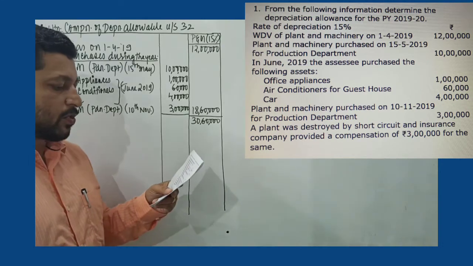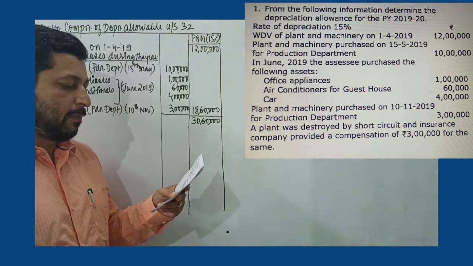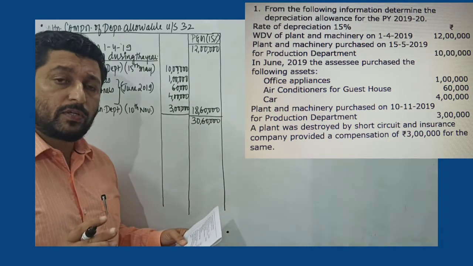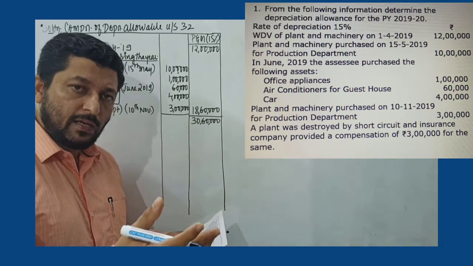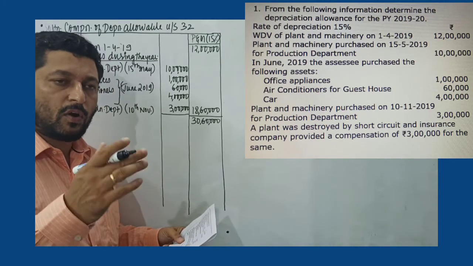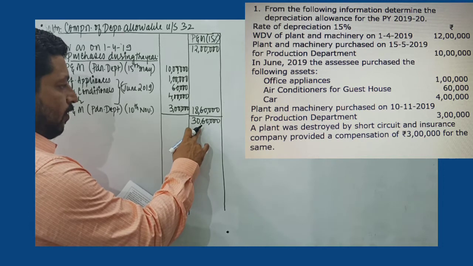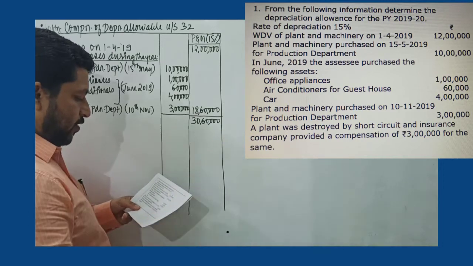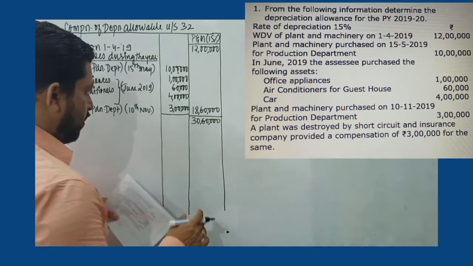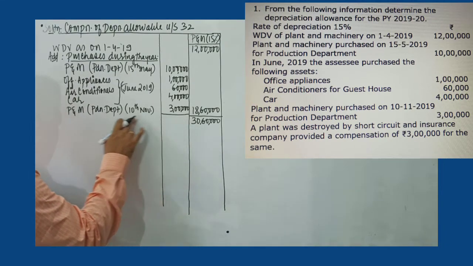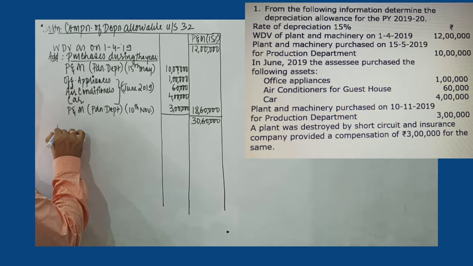Now a plant was destroyed by short circuit and the insurance company paid a compensation of rupees 3 lakh for the same. Very important point. Whether you sell or whether it is destroyed and compensation received, we need to simply reduce the block value. So the compensation amount received from the insurance company must be deducted from this particular block.